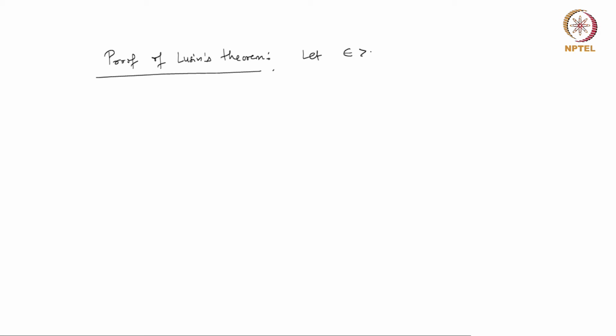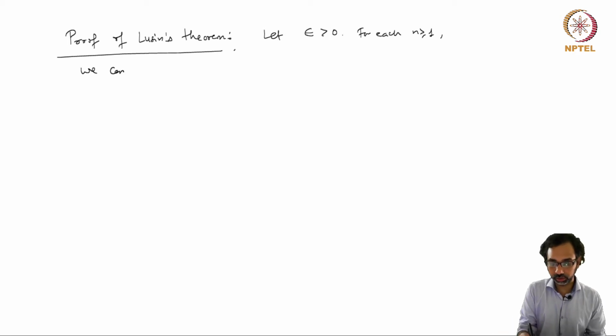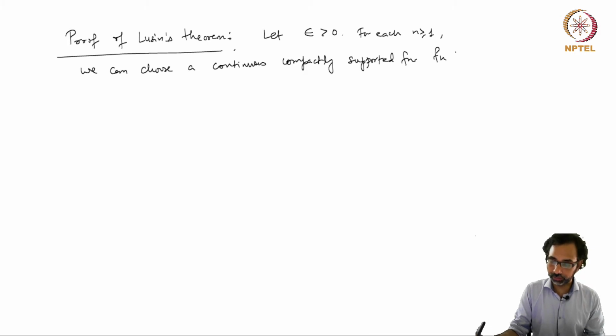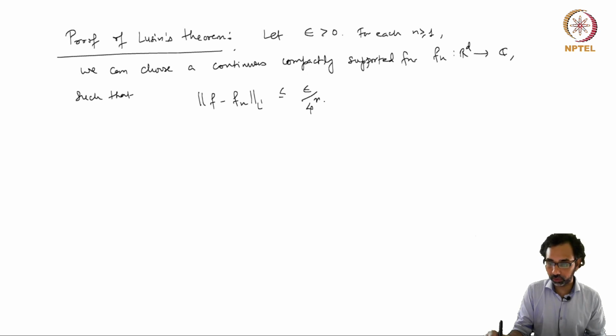So let us fix epsilon greater than 0, and by our preparatory lemma for each n we can choose a continuous compactly supported function fn from R^d to C such that the L1 norm of f minus fn is less than or equal to epsilon by 4 to the power n.